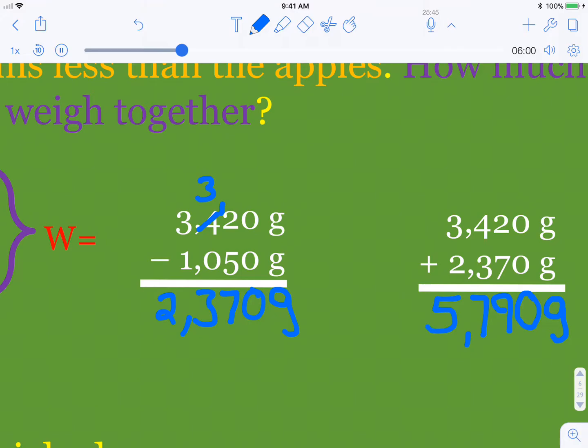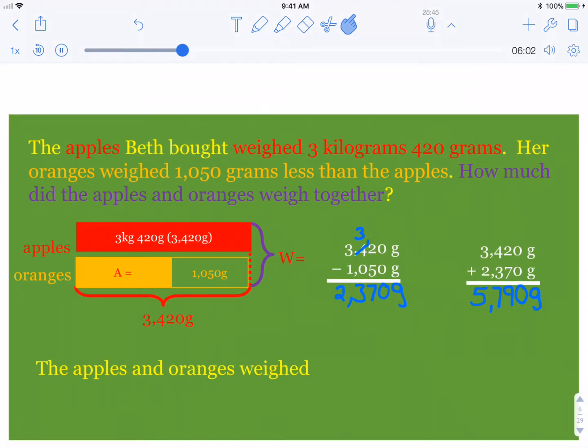So the apples and oranges weighed 5,790 grams. Now you can't leave it like that, so you have to convert it back, which would give us what we had earlier. 5 kilograms, 790 grams.